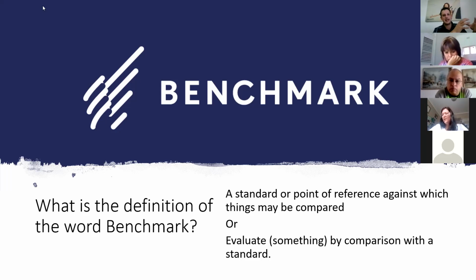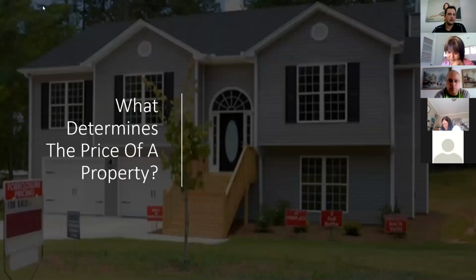We're finding a standard, a benchmark, or a point of reference, and we're measuring this property up against that one. We're trying to compare apples with apples or bananas with bananas. We don't want to compare the banana to the apple and say the banana has a very odd shape compared to the shape of an apple. So that's benchmarking, or the definition.